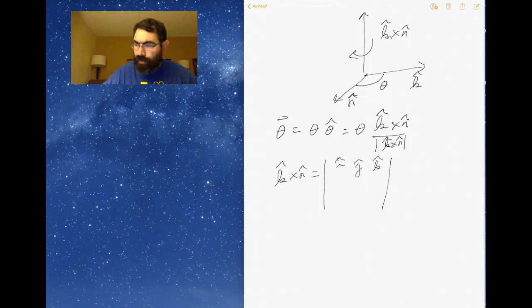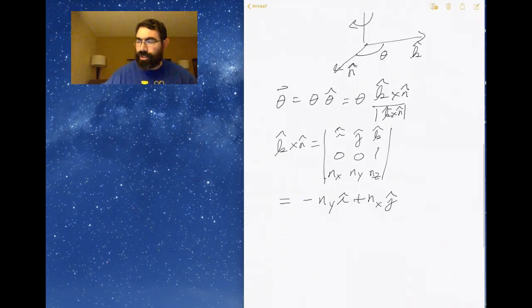The k, z direction is just 0, 0, 1, and n is nx, ny, nz, which gives minus ny in the x direction plus nx in the j direction.